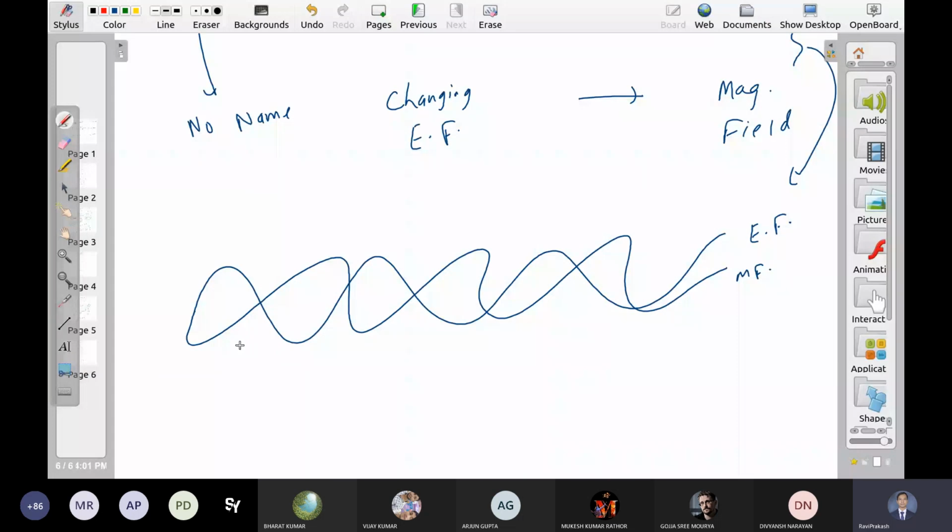ये कैसे possible है? Because both are each other. Yes, they are like vehicle to each other. Electric field is driving magnetic field, and in return, magnetic field is driving electric field. They are helping each other using these two equations.